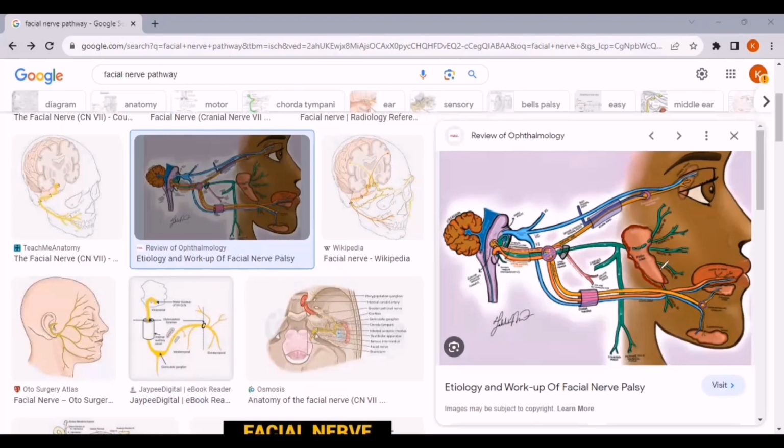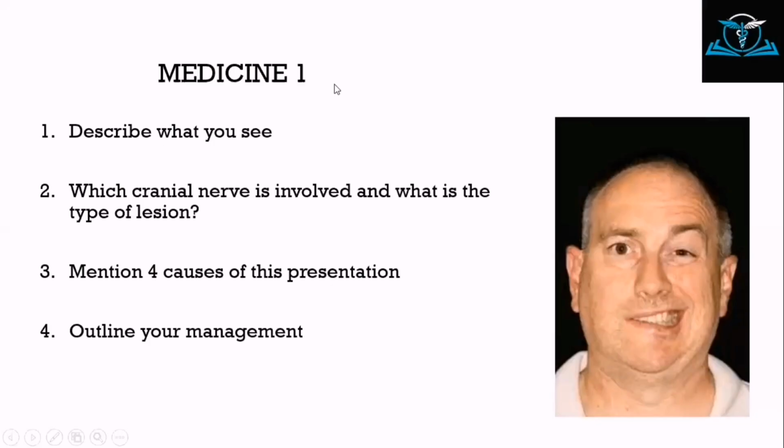That is why if you have a tumor of the parotid gland compressing on the nerve, you can have a facial nerve palsy. Does that make sense, please? All right, okay, good.